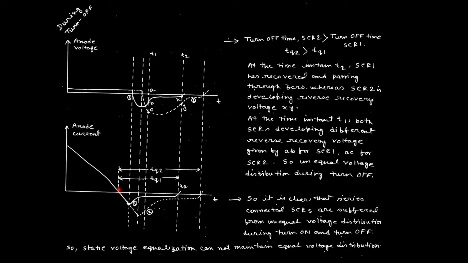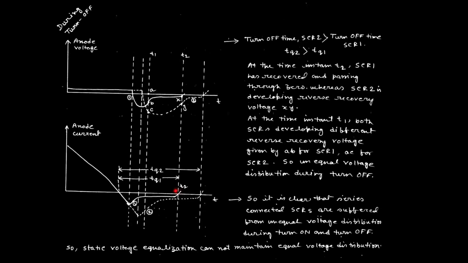When the current falls to almost the holding current and negative biasing is applied across both thyristors, the first thyristor turns off at the point T1, and the second, still in working state, turns off at the point T2. This gives the turn off time for the first SCR, TQ1, and for the second SCR, TQ2.